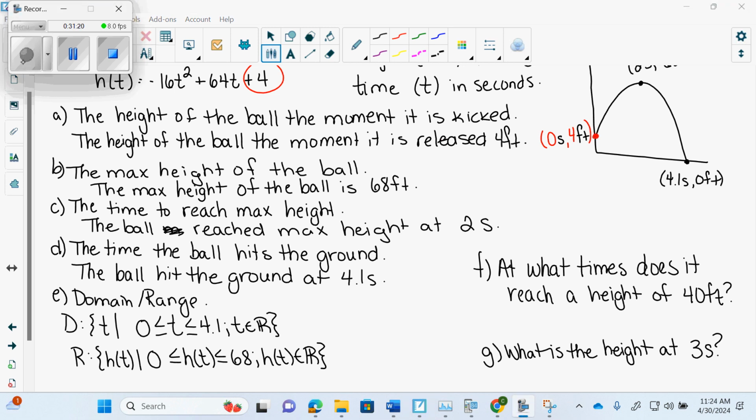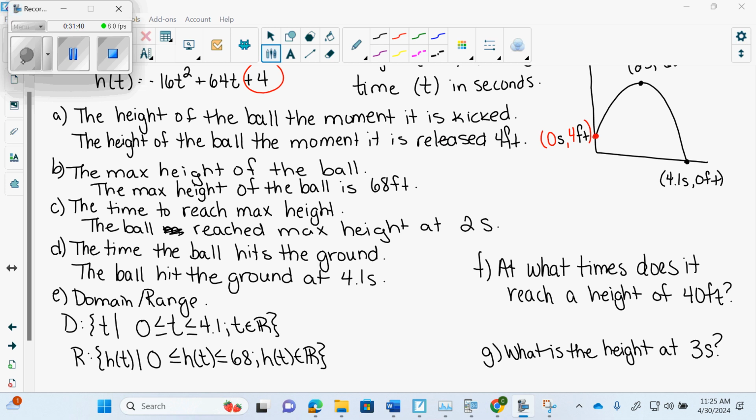If I give you anything below 4 feet, there's only one time, correct? Anything above 4 feet, it's going to cross the 2 spots. So sometimes they ask for the first time it reaches 40 feet, sometimes the second time, sometimes they ask for the times, which I ask for. So I'm expecting 2 answers, correct?